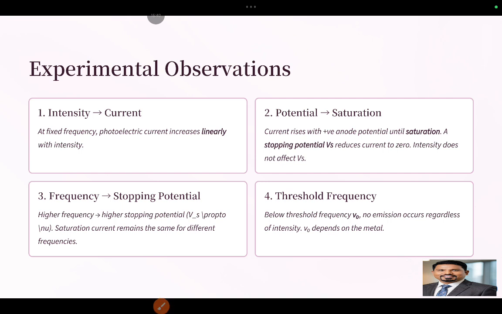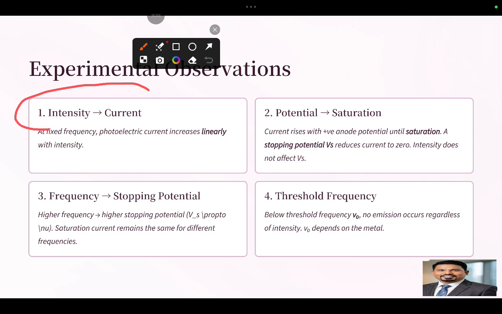The observations concluded from this experiment are as follows. Intensity is proportional to current. That means at a fixed frequency, photocurrent increases linearly with the intensity.